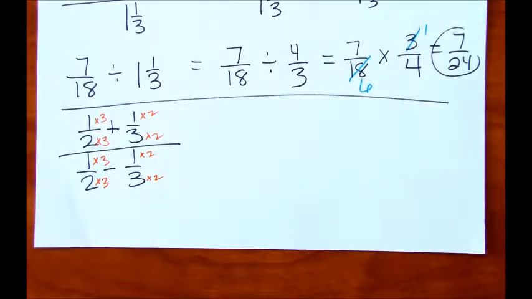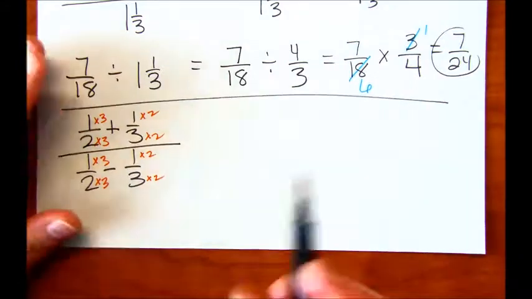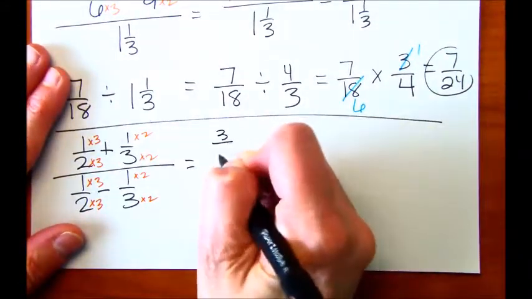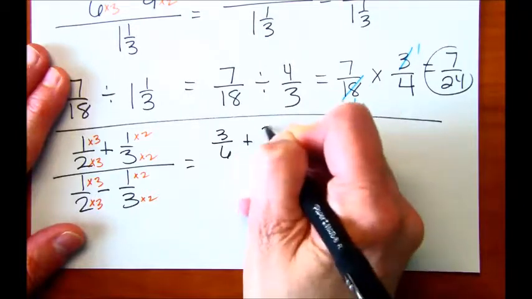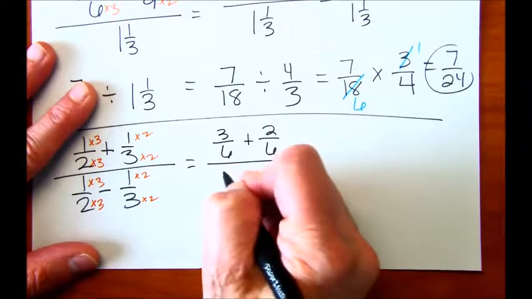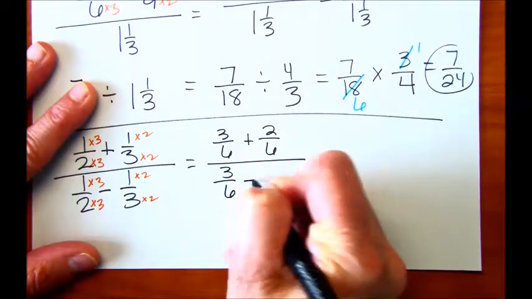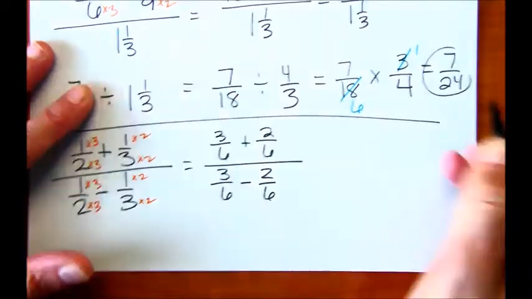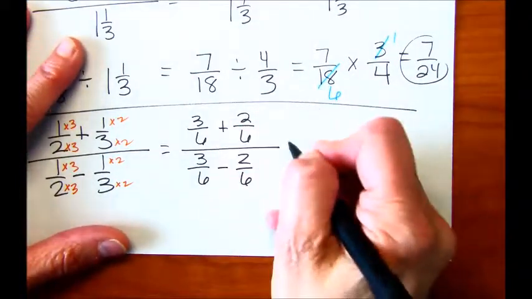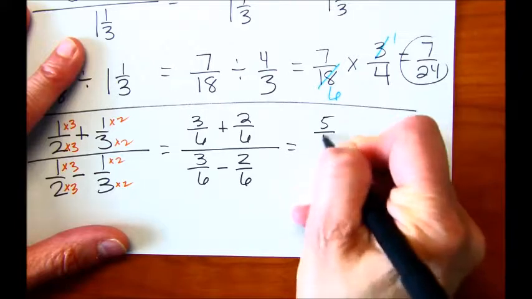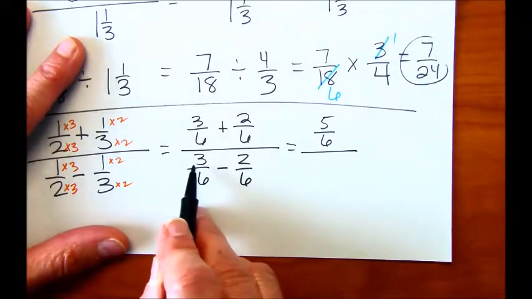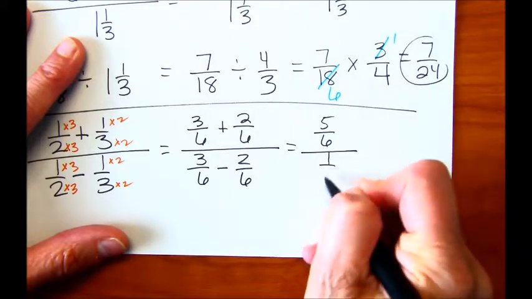Okay, now I'm going to rewrite it. That's going to be 3/6 plus 2/6, and the denominator will be 3/6 minus 2/6. Okay. 3 plus 2 is 5, so 5/6. That's my numerator. My denominator is going to be 1/6.